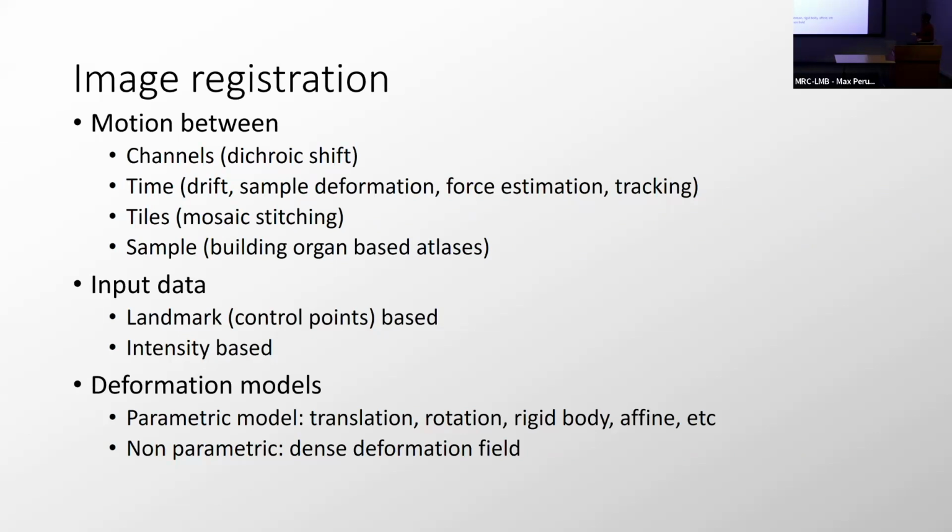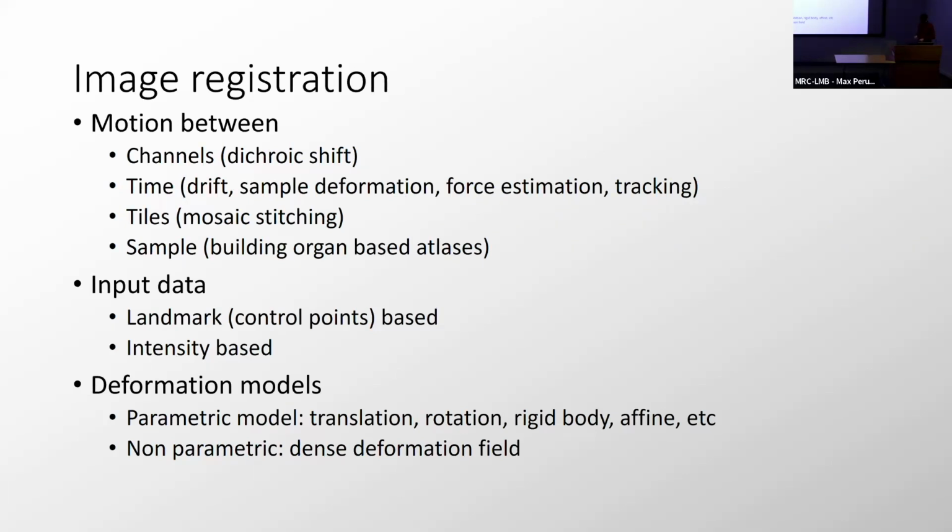For representing the deformation, or the function which will map the two images, you can have different kinds of models. You have parametric models, like a translation, a rotation, a rigid body, so a combination of these two, or an affine motion, etc. Or you can have a non-parametric model where at each pixel you would have a deformation field.